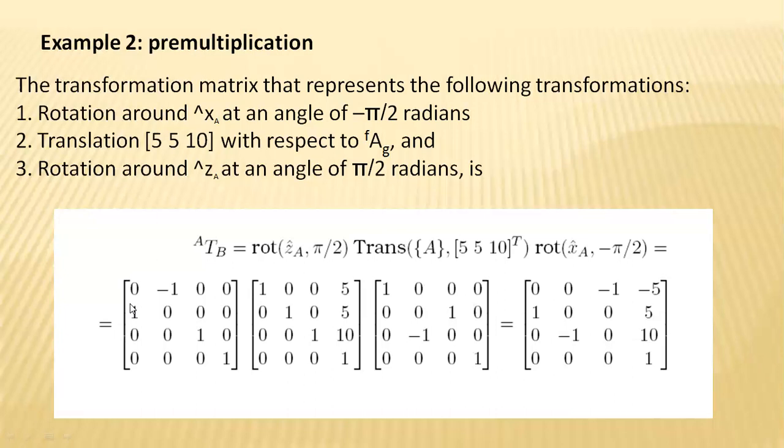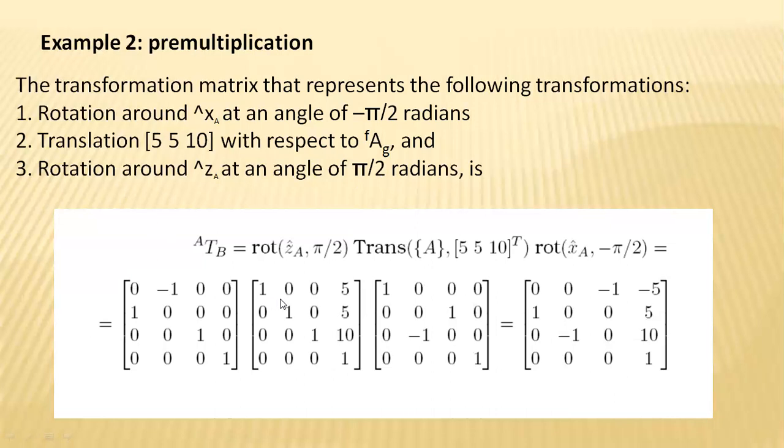Third one here is rotation around the z-axis at an angle of pi by 2 radians. So z-axis: cos theta, minus sin theta, 0, sorry, sin theta and cos theta, and the rest is the unitary matrix. So the theta value is 180: cos 180 is 0, minus sin 180 is minus 1, sin 180 is 1, cos theta is 0, and this is the matrix related to the z-axis frame, in positive pi by 2 radians.